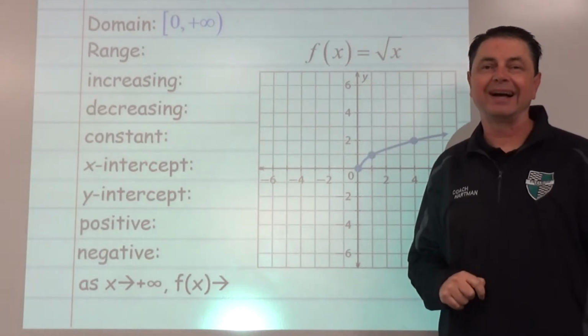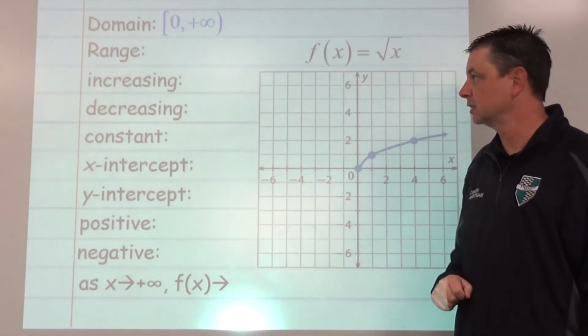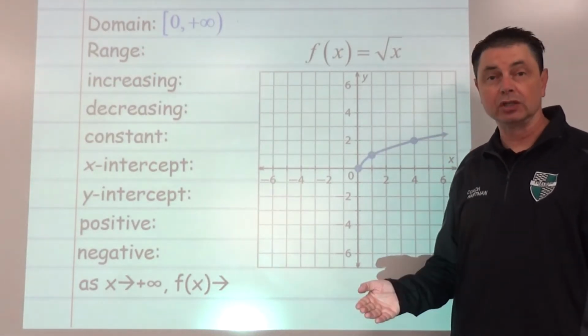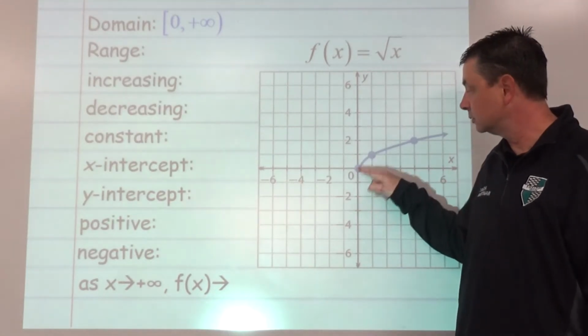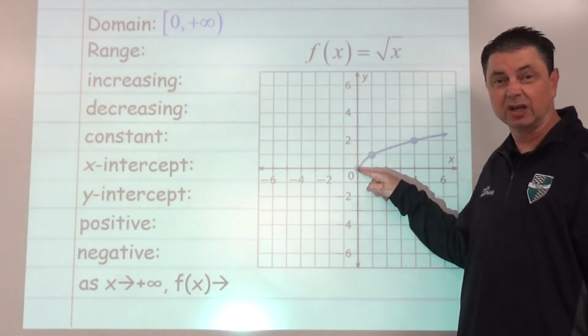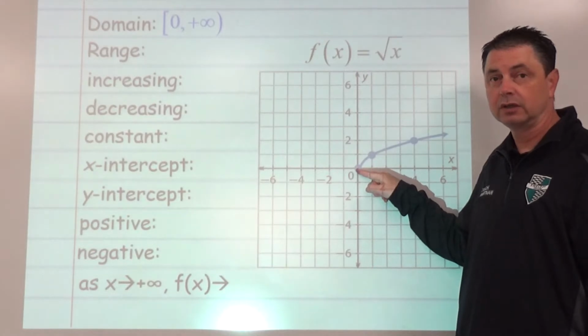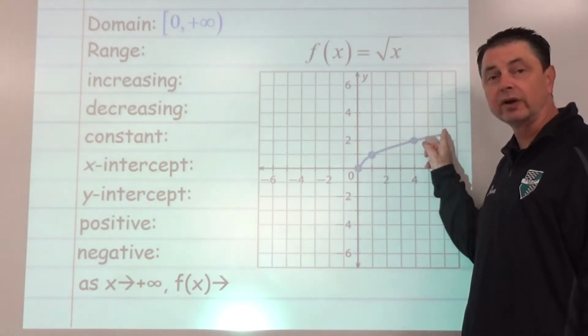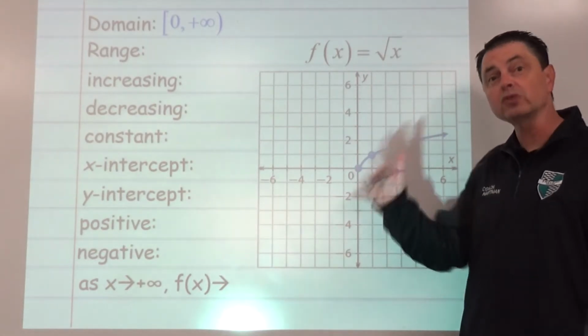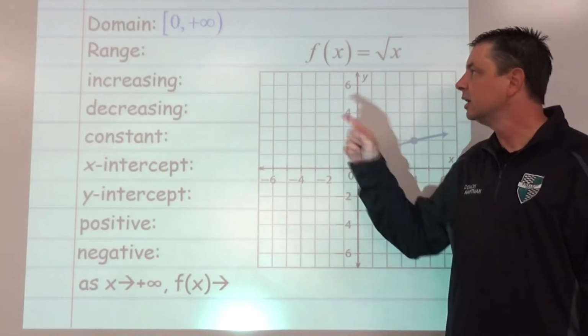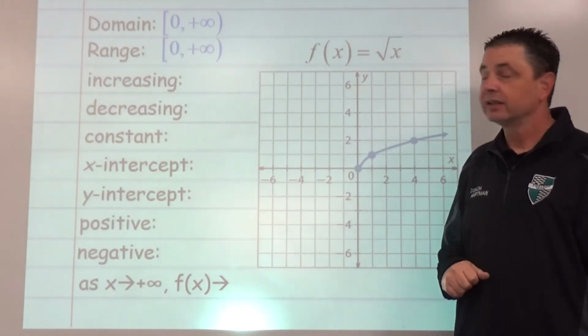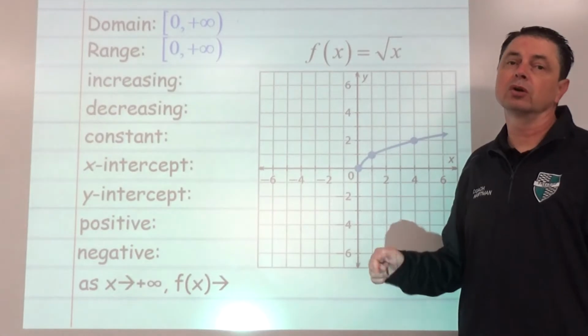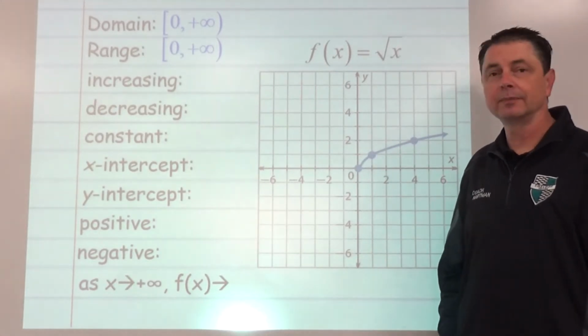Bracket 0, comma, positive infinity, parenthesis. What about range? How low does it go? 0. It touches 0. It goes up forever. Arrow pointing up. Mostly right, but it keeps going up. So range is from bracket 0, comma, positive infinity, parenthesis.